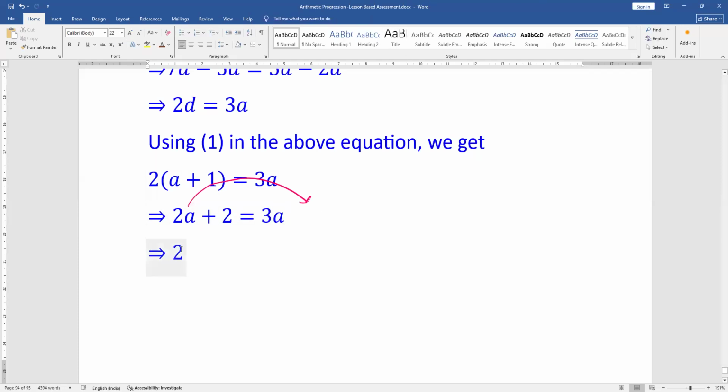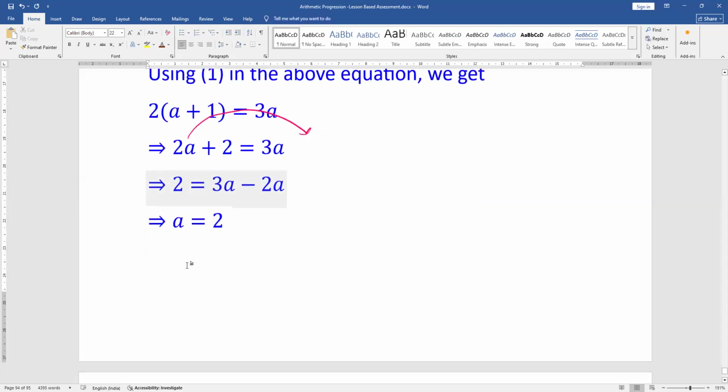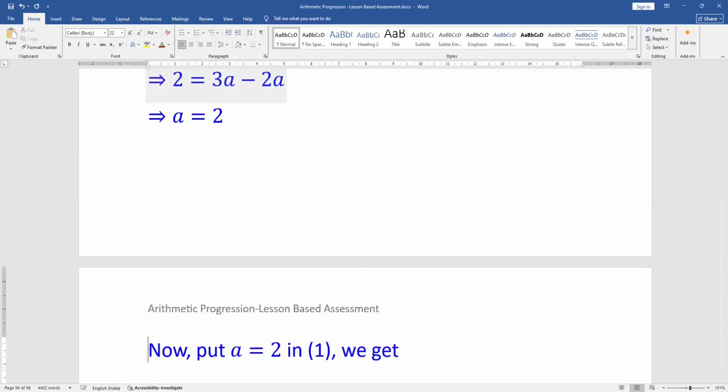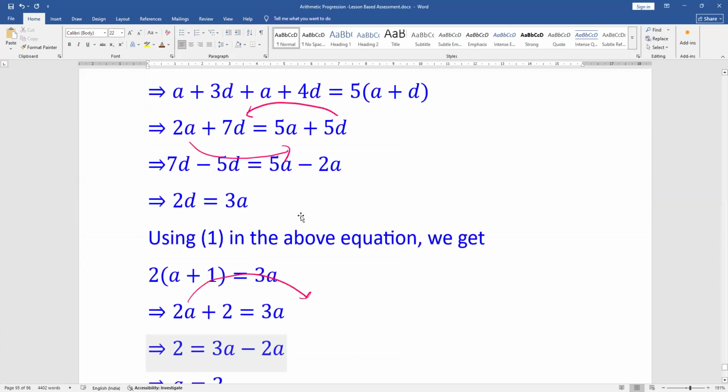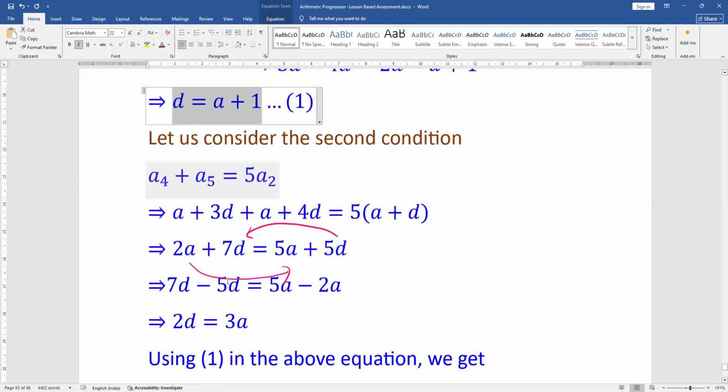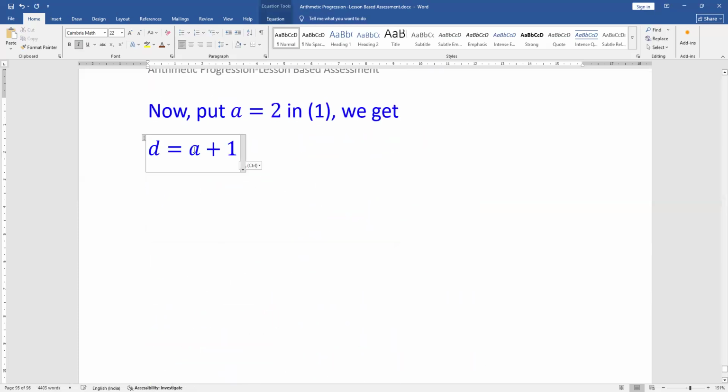So on the right hand side you get 3a minus 2a, so we get a equals 2. I just read the terms and directly wrote a equals 2. Now a is 2. Next, what can we do? Put a equals 2 in equation 1. Where is equation 1? If we put it in this equation 1, you get the value of d. Where there is a, you put 2, so 2 plus 1 is 3. That means you got d as 3.